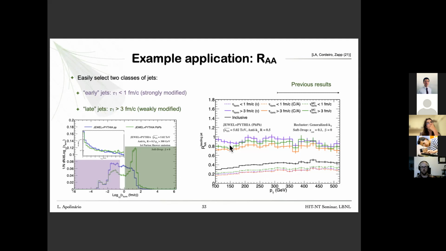So I wonder if, for example, on this histogram, you also overlay it with the distribution of the path length, like how much of this formation time will actually fall within the medium, so that we can be pretty sure that even though this is constructed with the kinematics, they still have to form very early inside the medium.